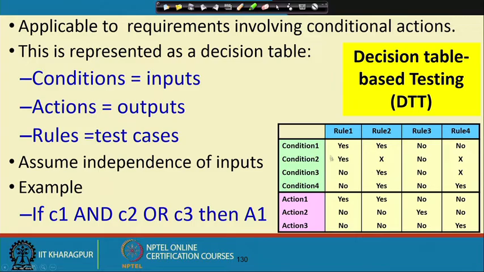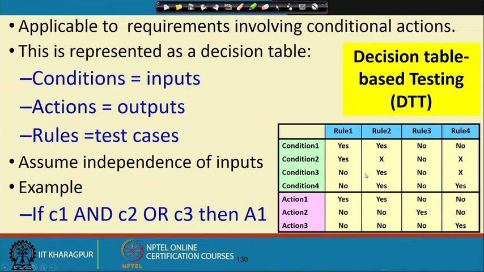Each column here becomes a test case, and this is called a rule, because this is a specific combination of conditions, and each of these becomes a test case.